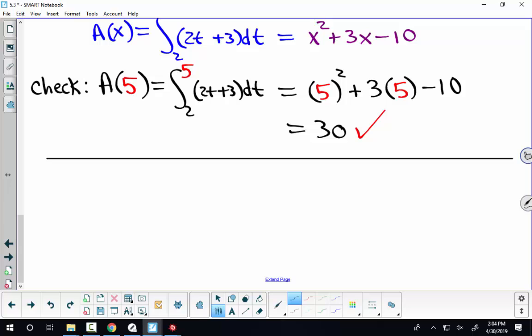So I know it's close to break, but let's just finish this because it's a very important connection that we're about to make.